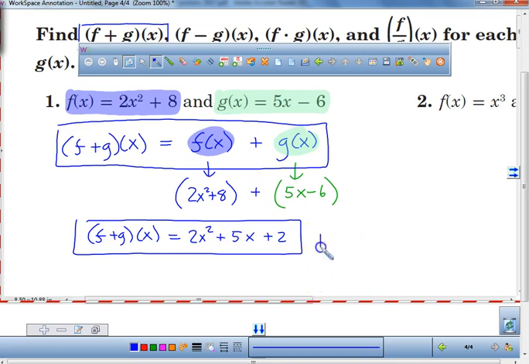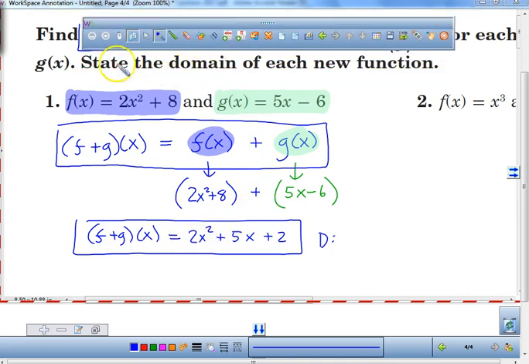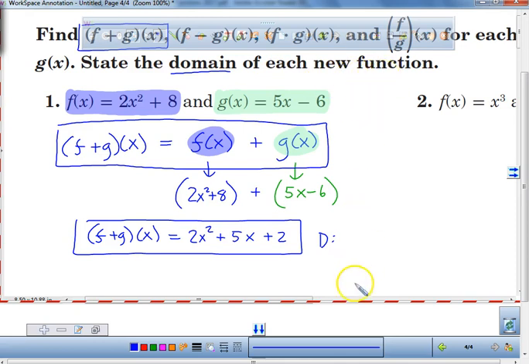Now, the next part I want you to do is put D for domain. And it's going to ask you, what is the domain of each new function? The domain is what x values are allowed to be plugged in. Do you see any x value that wouldn't work if you were just to plug in values for x? 0 would work. If I plug in a 0, that's 2.